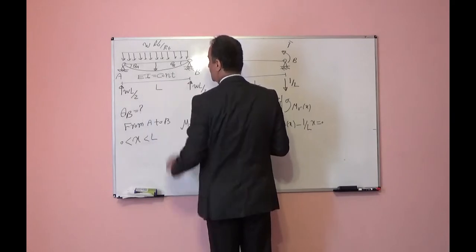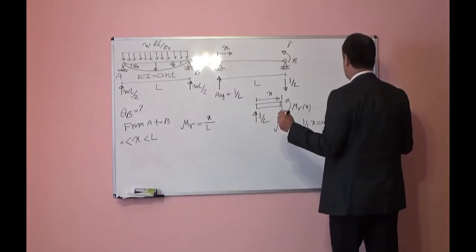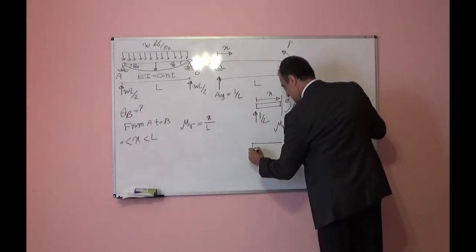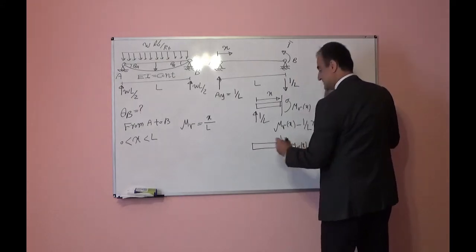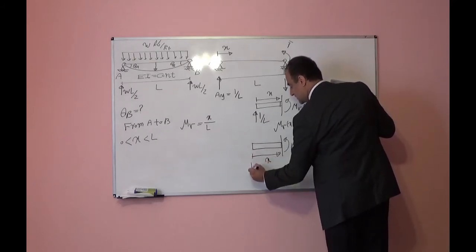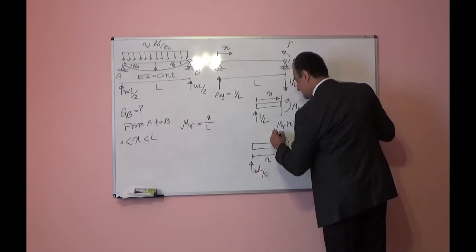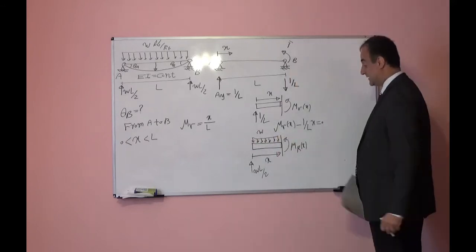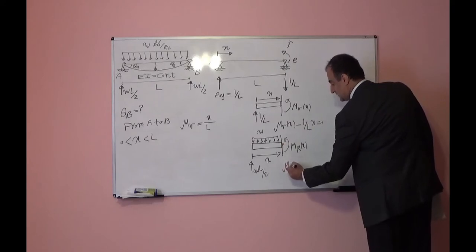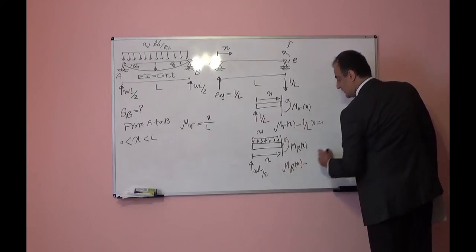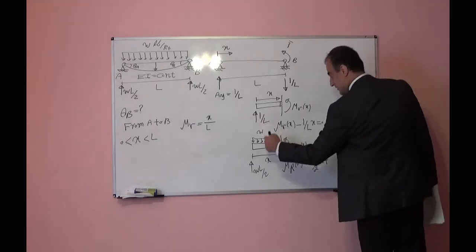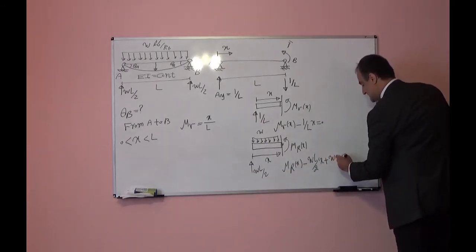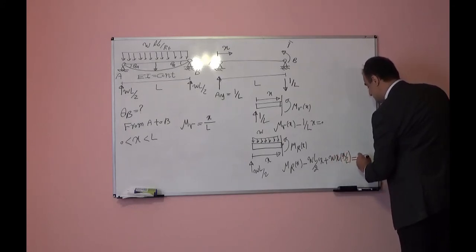If I find the moment in the real beam under real load, again, if we look at the free body diagram, M real at distance X, reaction WL over 2, external load intensity is W. If I take moment with respect to the cut point, I have M real minus WL over 2 times X plus W times X over 2 is equal to 0.